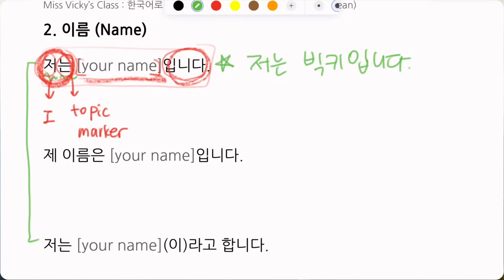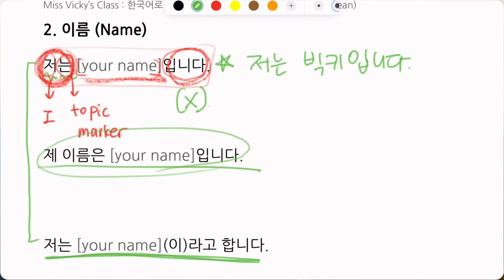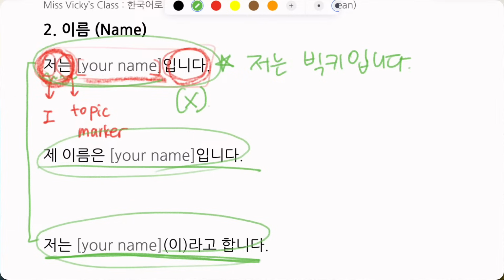So I recommend that if you have a foreign name, which is most of you guys, if you're not Korean, right? I recommend that you don't use this one and use this one instead, because these two more clearly indicate that your name is this, whereas this could be used for anything. I am anything, more than just your name.